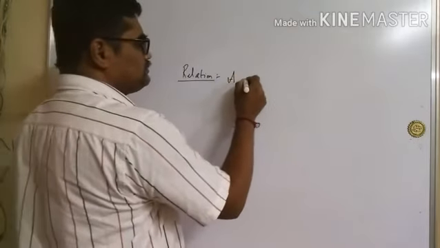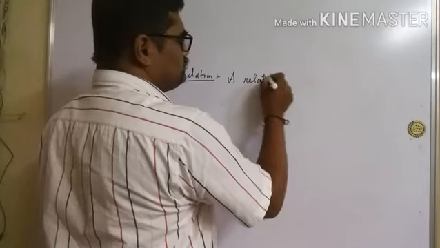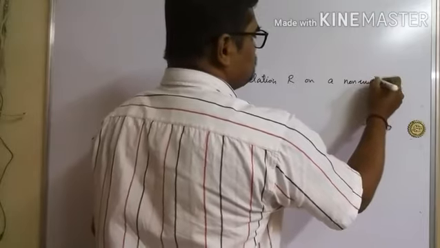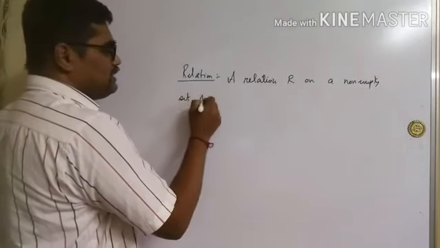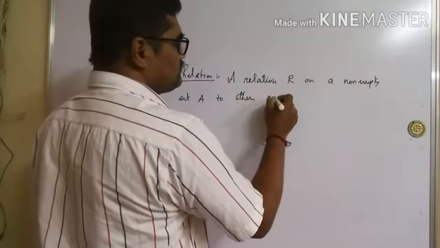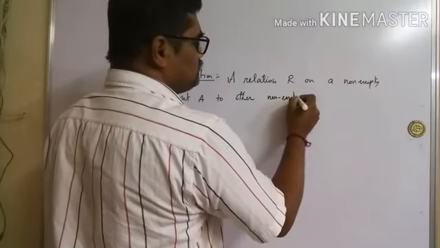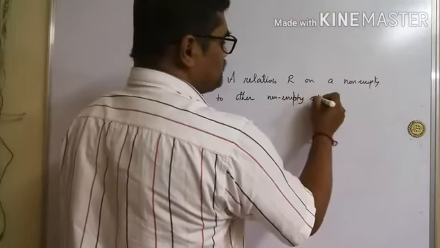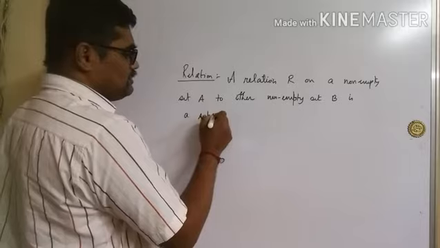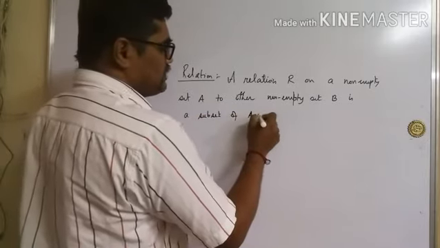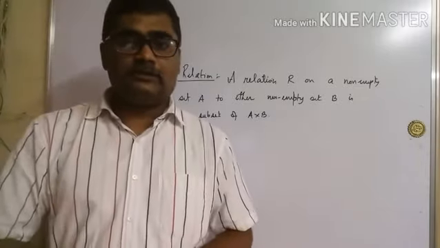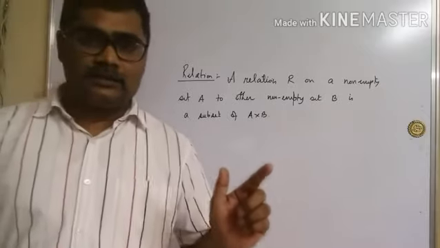A relation on a non-empty set A to another non-empty set B is a subset of A cross B. A cross B means we already did it. It is the Cartesian product.